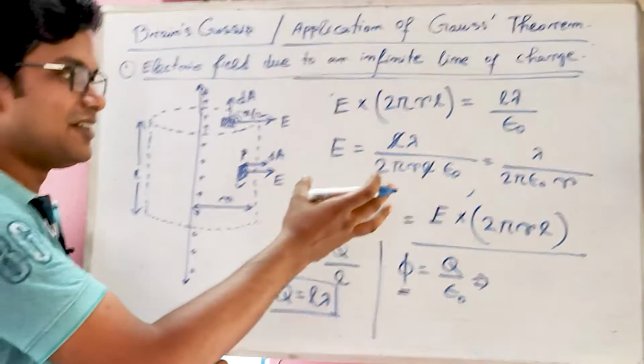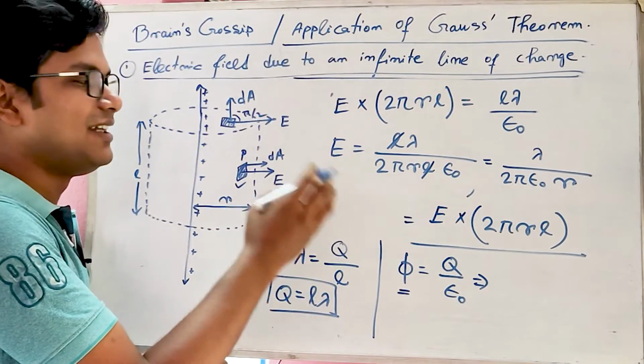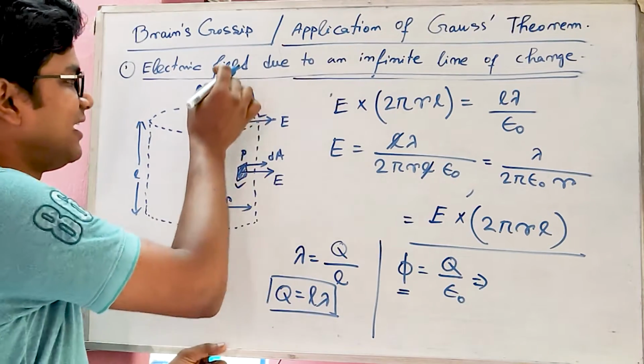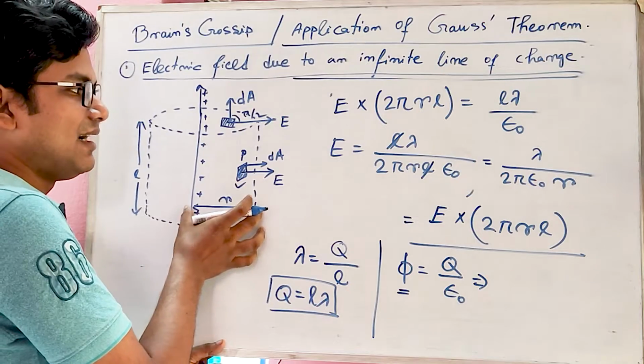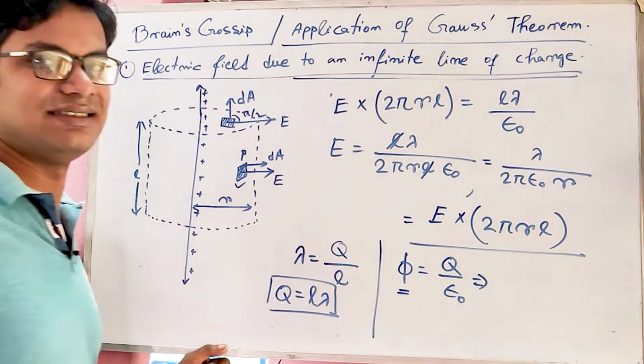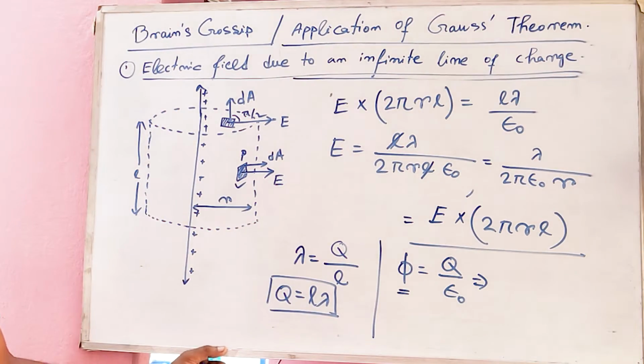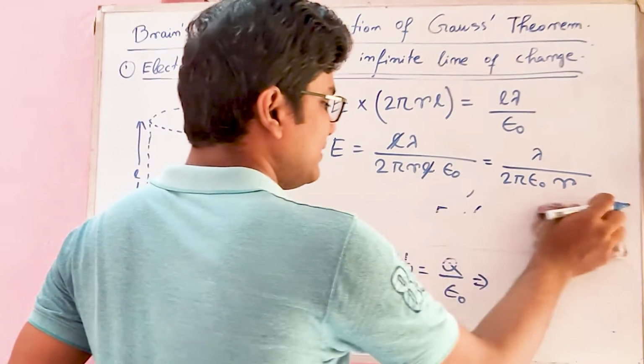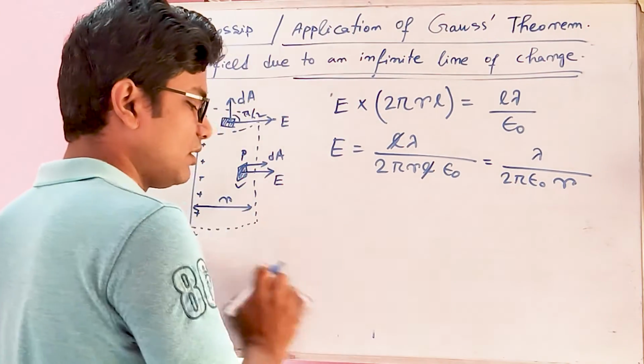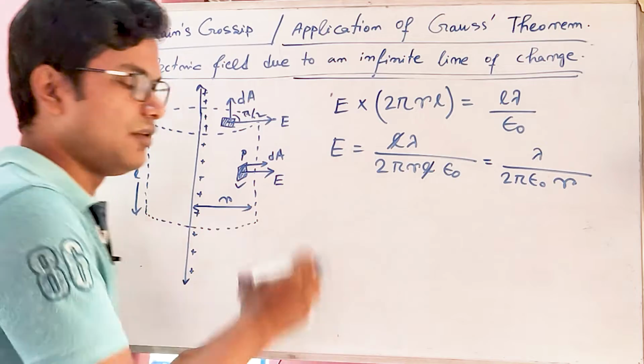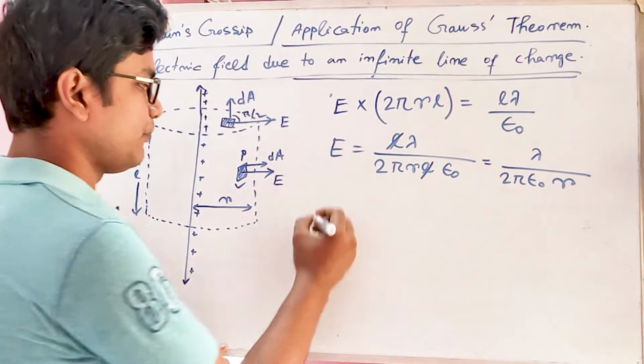So this is what we get for a charge distribution which is in a line, and at a distance r the electric field will be like this. Understood? Now let us quickly draw a graphical representation of this E versus r.